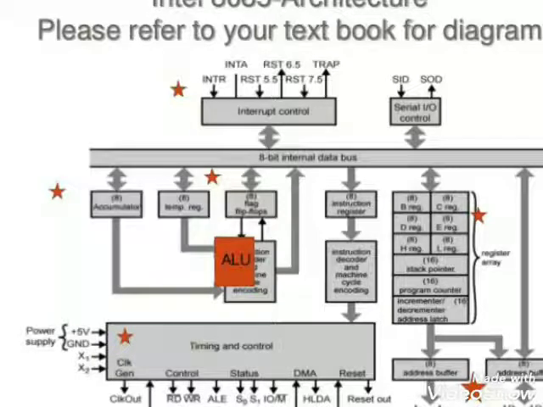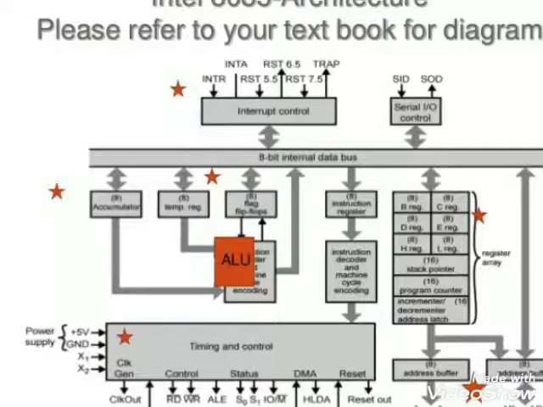It has 3 control signals: ALE, RD bar, WR bar, and 3 status signals: IO/M bar, S0, S1. ALE is used for providing a control signal to synchronize the components of the microprocessor and timing for the instruction to perform the operation. RD bar and WR bar are for performing read and write operations.